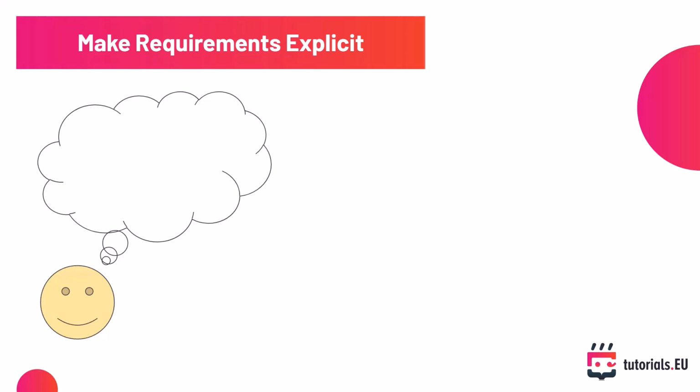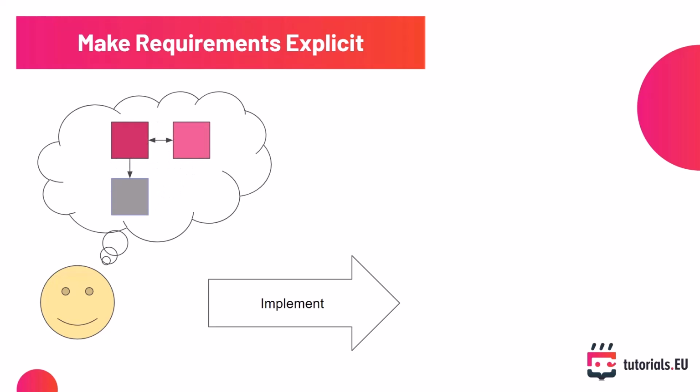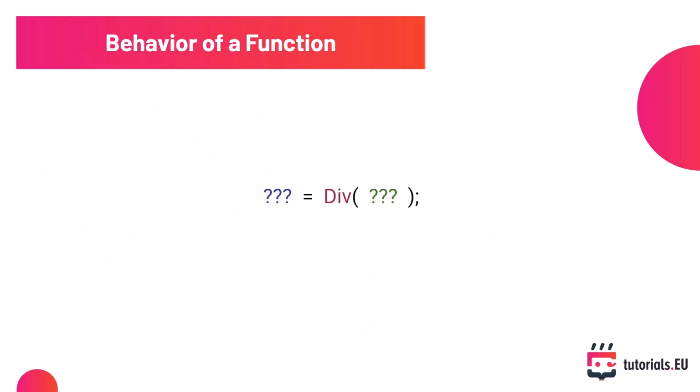TDD experts think and make the expected requirements as explicit as possible. Then they start implementing the production code until the production code meets the actual expected requirements. Well, does it sound confusing? No worries, we will see what it means. Imagine that you want to write a division function.